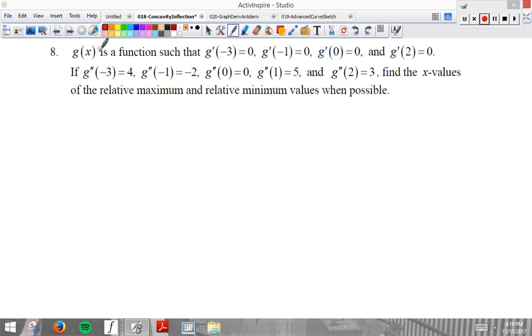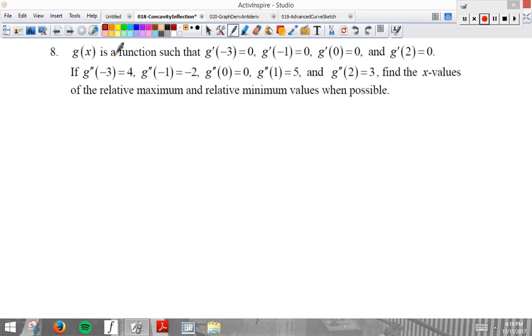Here we do not have an explicit definition of the function. We only have data about the function. We only know certain things about the function. There is no way to derive a formula for the first derivative, so there's no way to find a formula for the second derivative. There's no way to make a number line. You're really stuck.